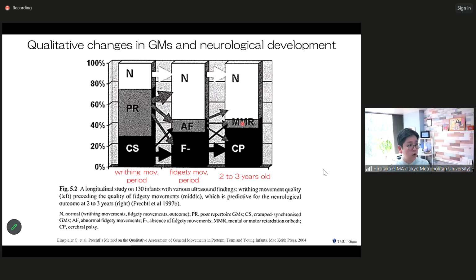On the basis of this report, research on the relationship between the qualitative characteristics of fidgety movements and later neurological development has attracted attention, and many studies have been performed.